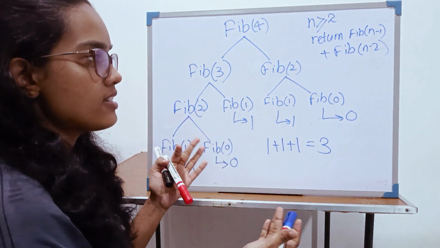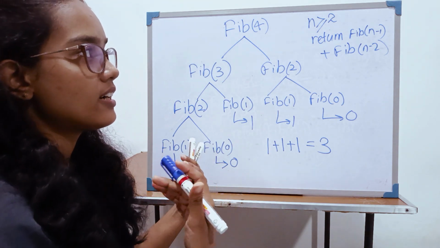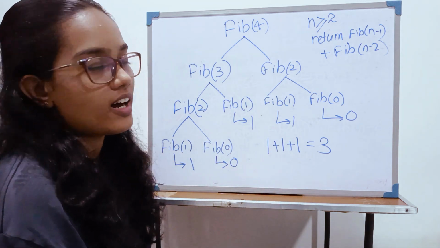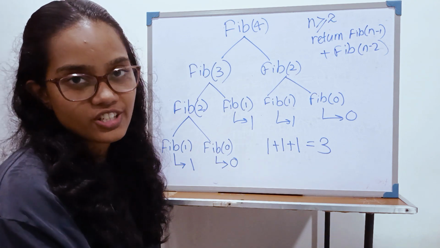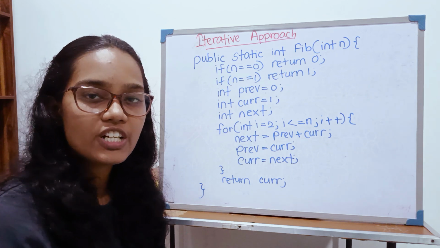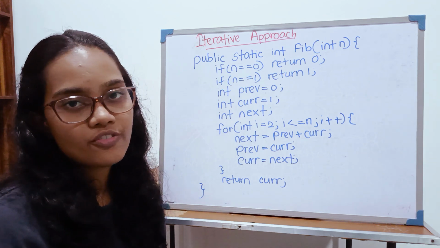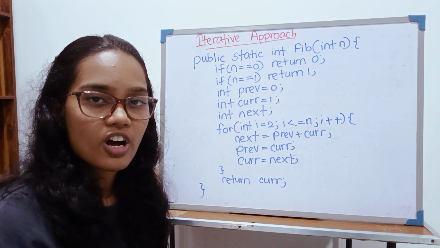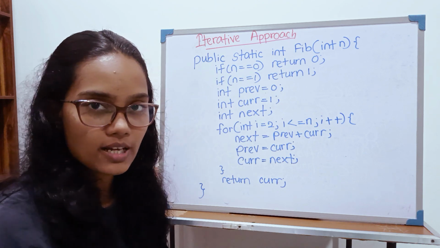So this is how we can understand our recursive function using an example. Earlier we used the recursive approach to compute the Fibonacci numbers, where we had a function calling itself multiple times.